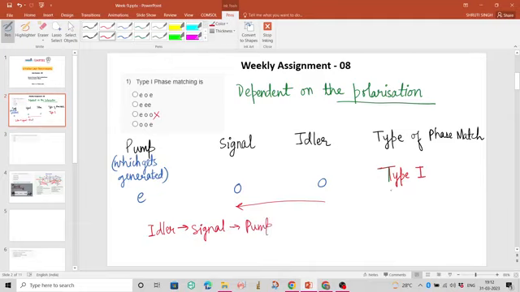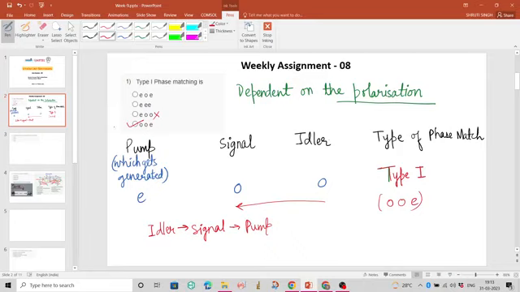So type 1 will be O, O and E. So for this question, the correct answer will be D, not C. Because we read the phase matching as idler, signal and then the pump, OOE. The pump gets generated, so what gets generated is considered at the end, and signal and idler are O and O.